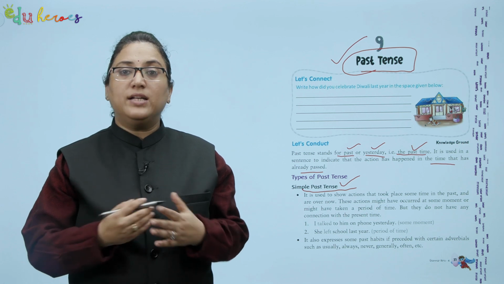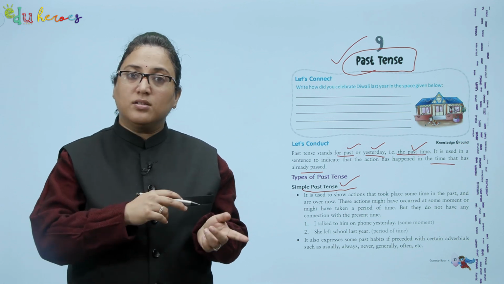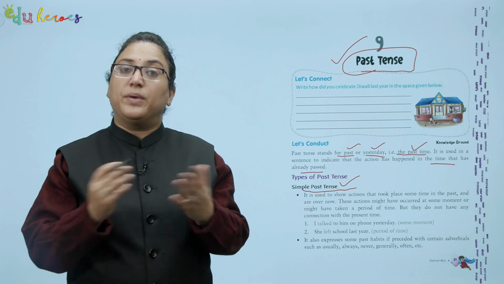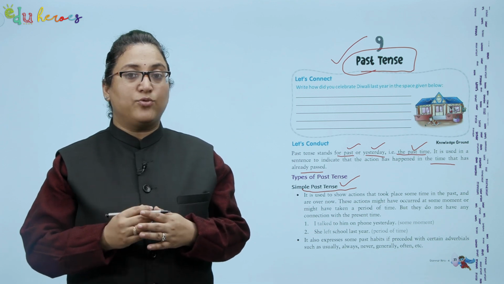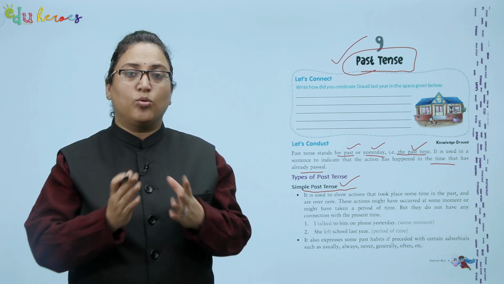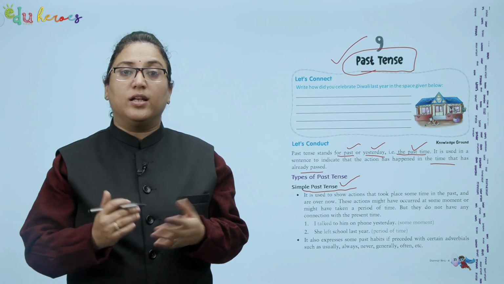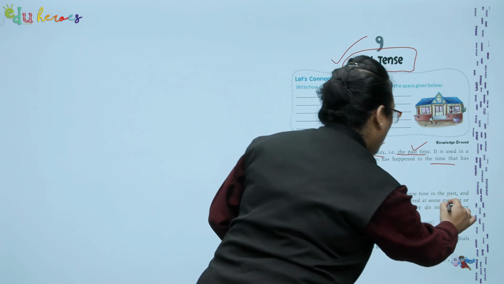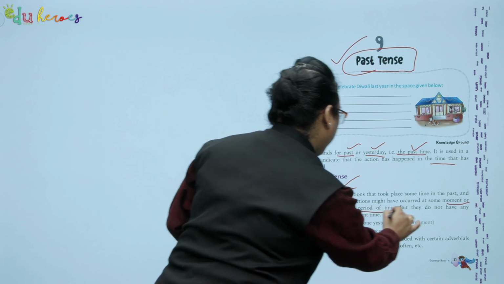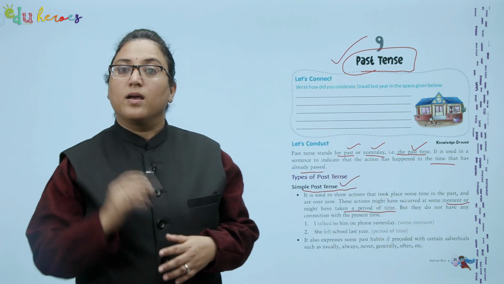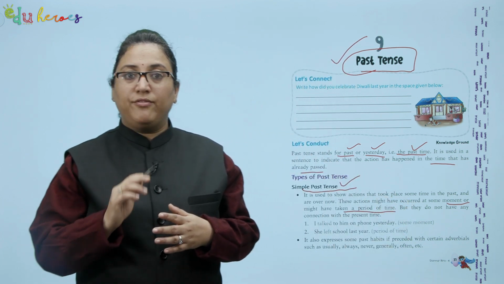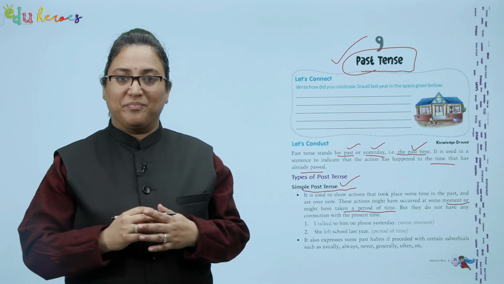These actions might have occurred at some moment or might have taken a period of time. That means वो एक moment में हुआ होंगे या उन्होंने कुछ time लिया पूरा होने के लिए. So either a moment or a period of time, but they do not have any connection with the present time.